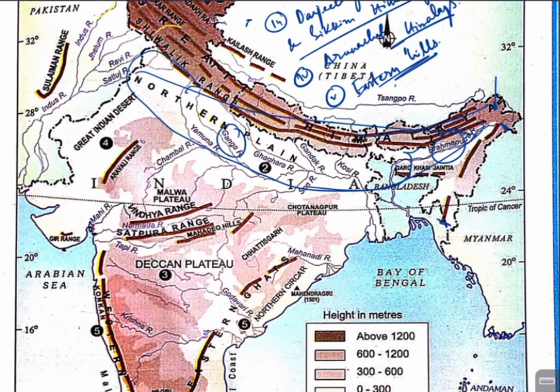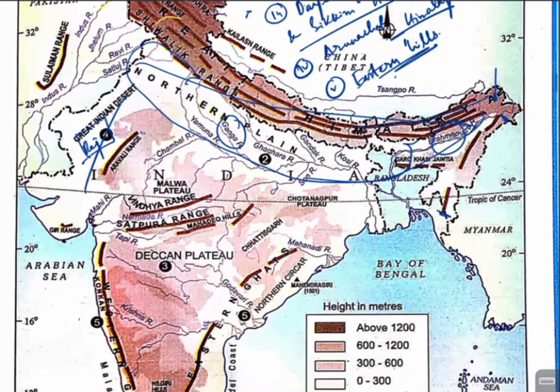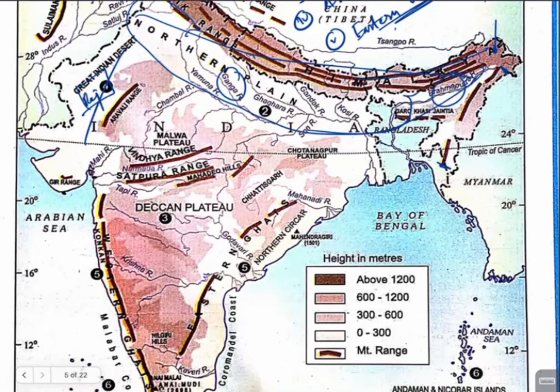On the western side, the rocky plateau extends up to Rajasthan, Jaisalmer, which consists of marble and slate. Whereas in the Chota Nagpur Plateau, different minerals are found.